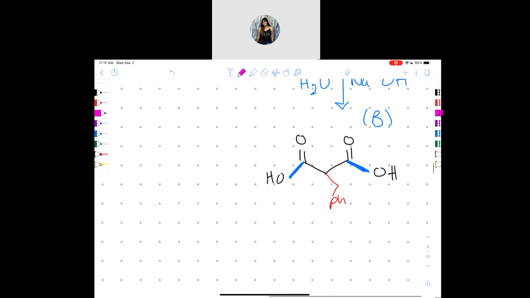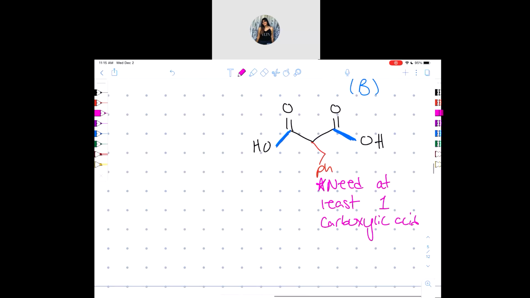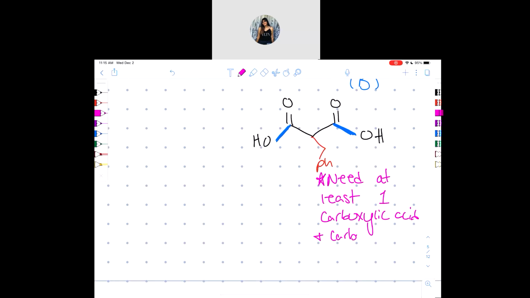So I'm going to write a little star here and say we need at least one carboxylic acid, and the carbonyls must be beta. That's very, very important for you guys to remember. In this case, we have two carboxylic acids, but that's okay. As long as we have at least one, we're good.